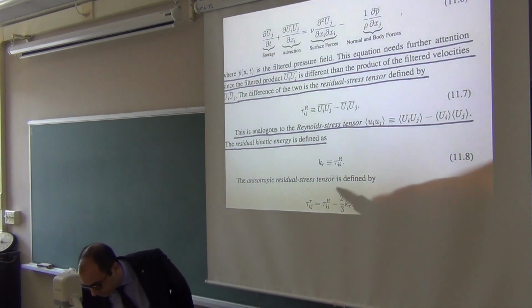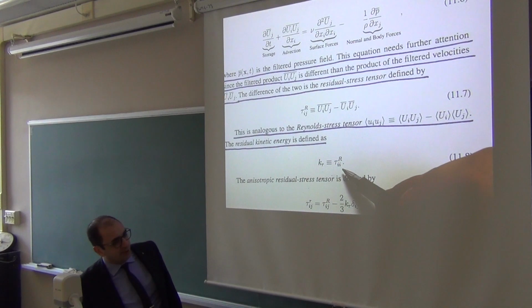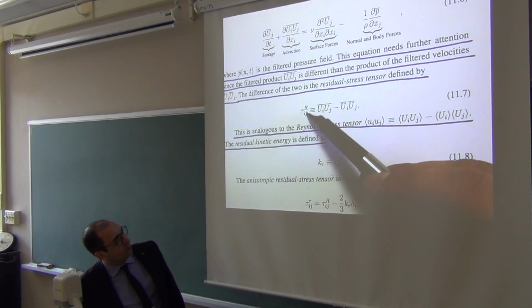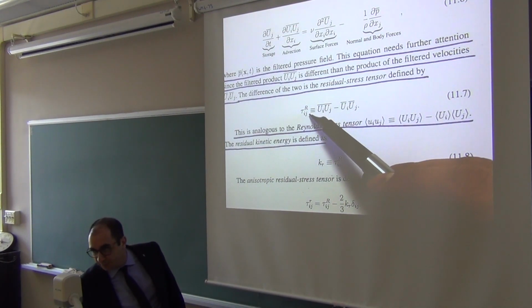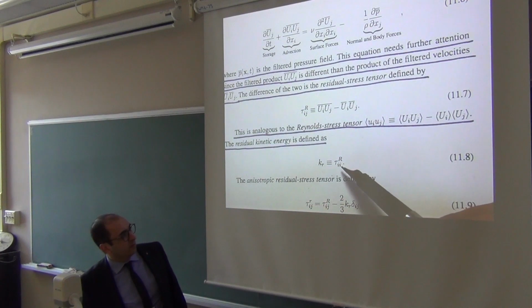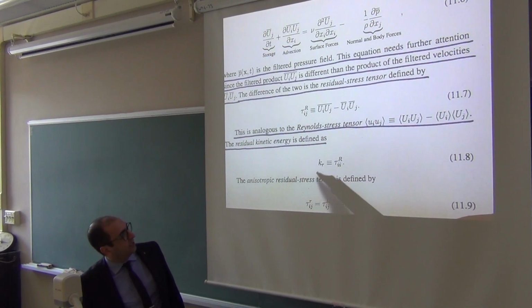Just a matter of notation, you can also separate out the isotropic and anisotropic pieces. So here is the residual stress tensor for components i and j, tau ij, where I put superscript r to specify residual because I don't want to confuse it with Reynolds averaging. If I'm looking at the same component, I can call this the residual kinetic energy.